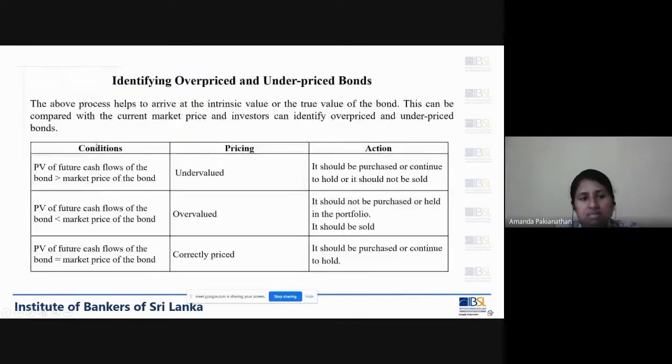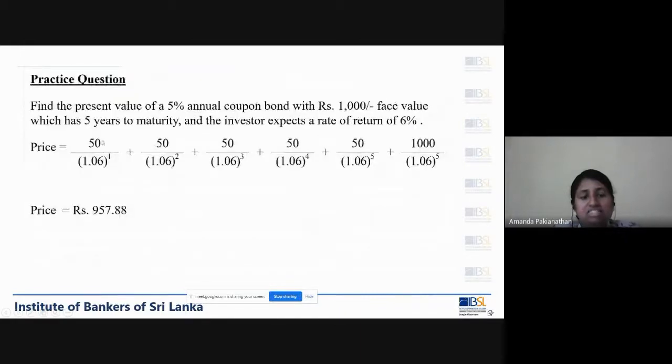Now this amount has to get discounted, or you have to find the present value of this particular cash flow. So 50 discounted for the first year, 50 discounted for the second year, 50 discounted for the third year, 50 discounted for the fourth year, 50 discounted for the fifth year. Why is it just in year terms?